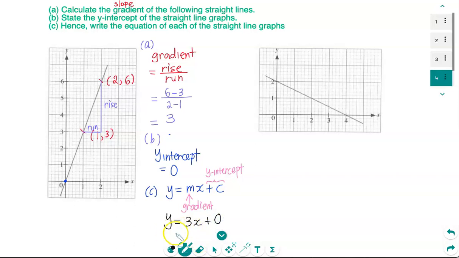So therefore the equation of the straight line here is y equals to 3x.